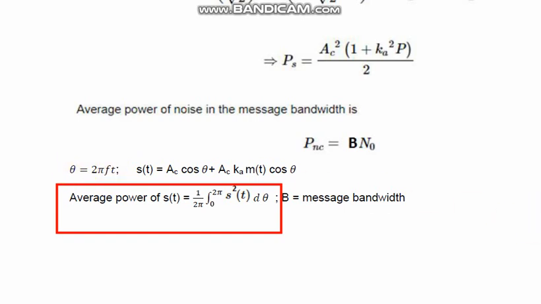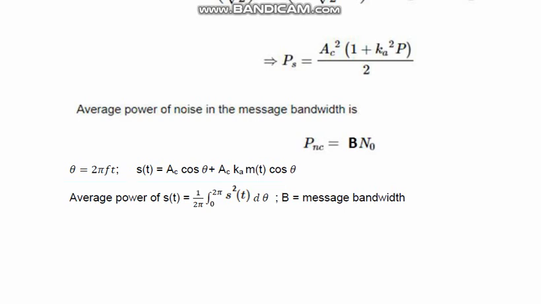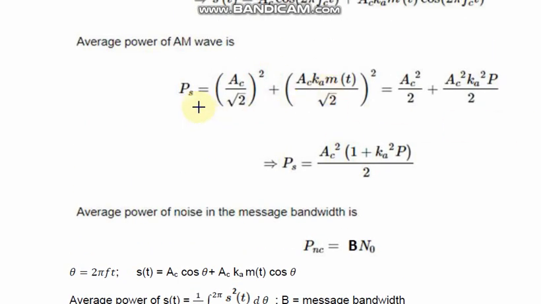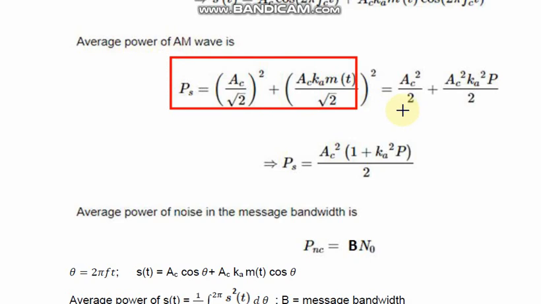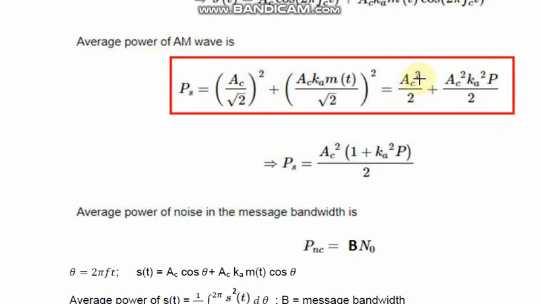Okay, so now let us do the calculation, and then finally you will get that the average power of AM wave is Ac square by 2 plus Ac square Ka square P by 2, where P is actually the mean of m square(t), meaning the square term of message signal.